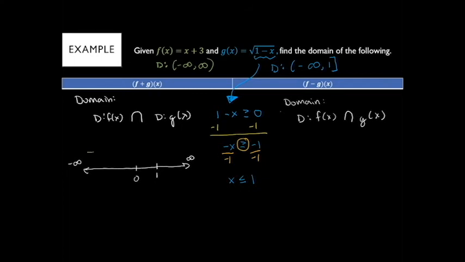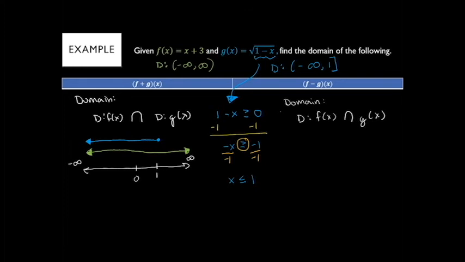So our all real numbers domain means the whole number line is shaded. So that's basically what that's going to look like. The less than or equal to 1 domain means I'm going to have a closed circle or a bracket, and then I'm going to be less than or equal to that. And so that's what it's going to look like.